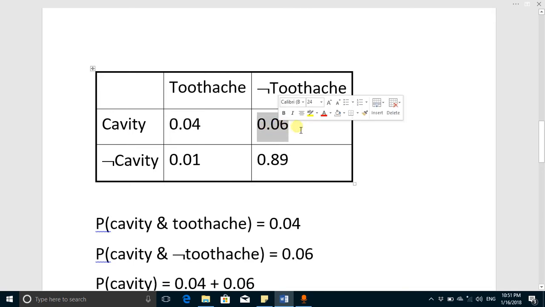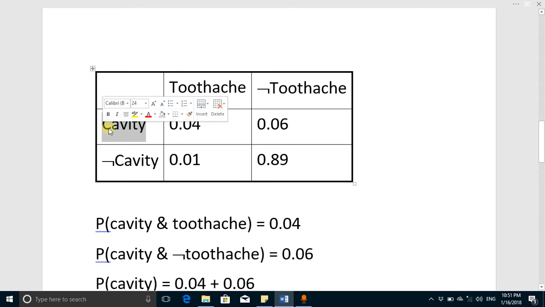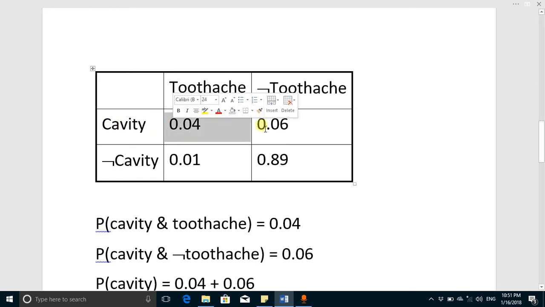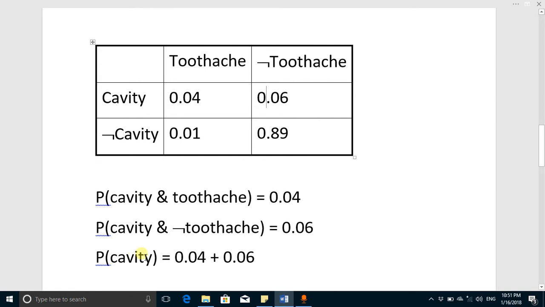So if I ask the probability of cavity, and for now we are just concerned with the cavity, we are not concerned with toothache. We do not care whether there is toothache or there is no toothache. So in that case we are just concerned with cavity. We will add these both values. So probability of cavity is equal to 0.04 plus 0.06, and that is 0.1.